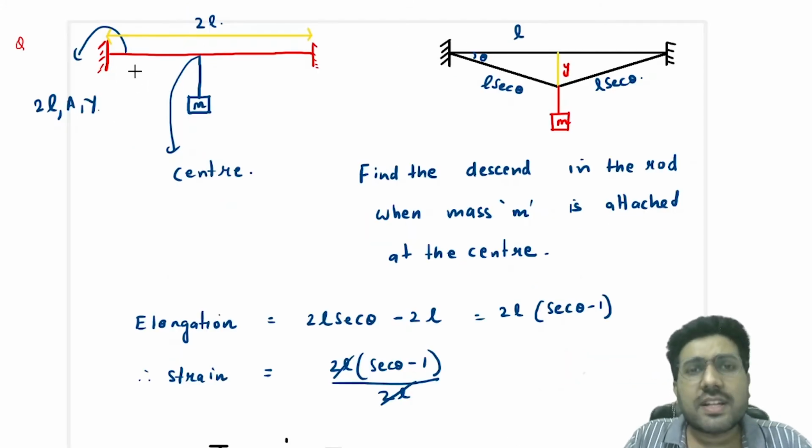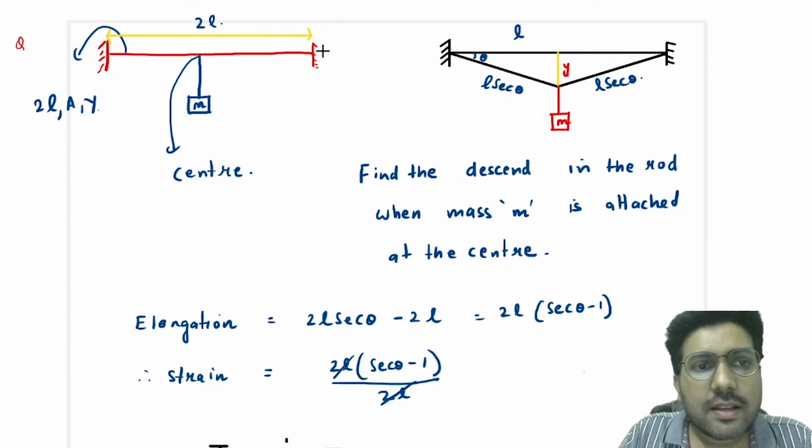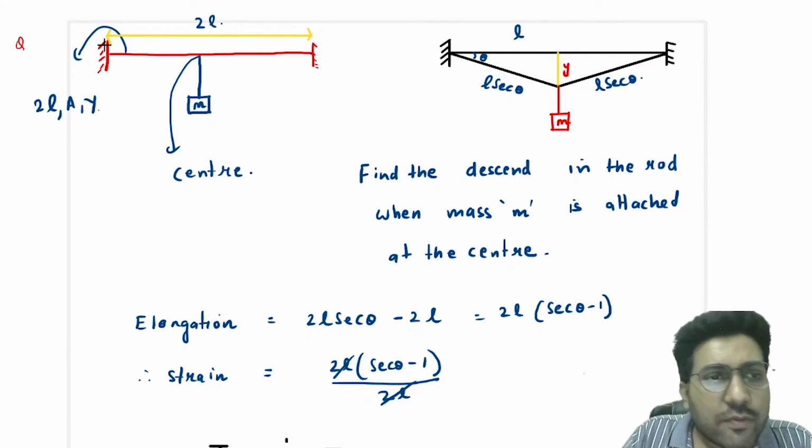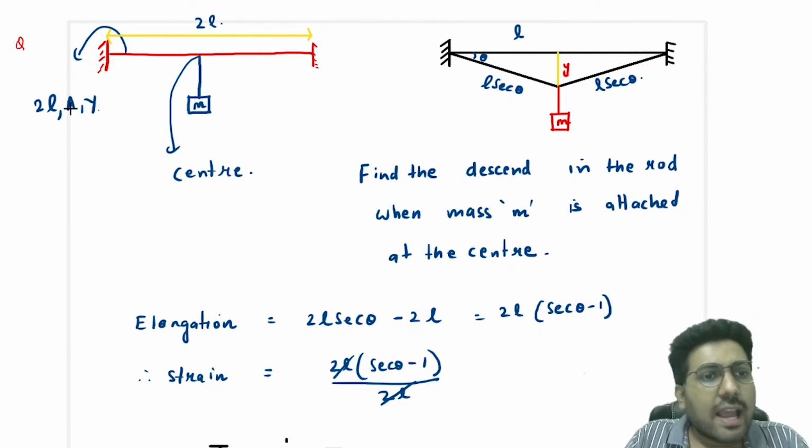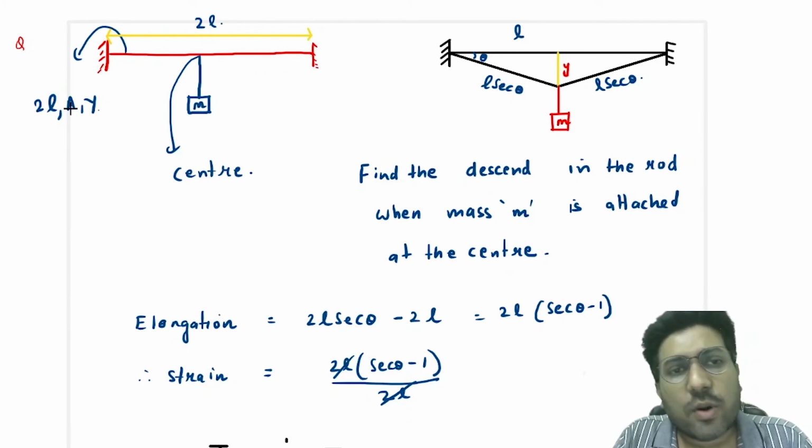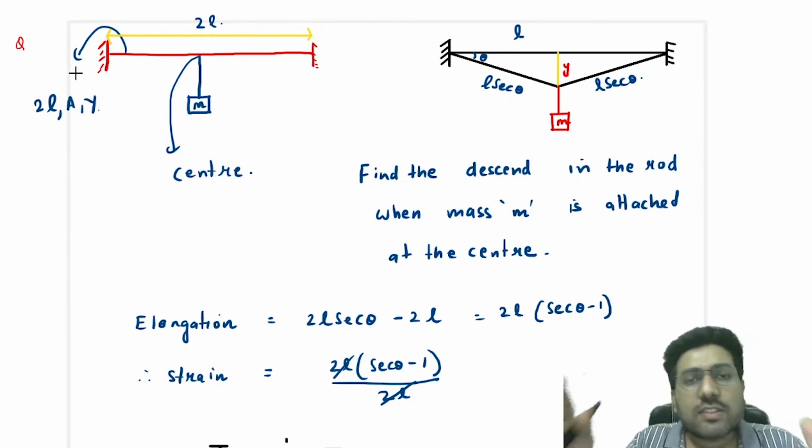In this question it is given that you have a rod of length 2L, and the area of cross section of this rod is A, and the Young's modulus of the material of this rod is Y, and it is fixed or supported at its two ends with the help of walls.